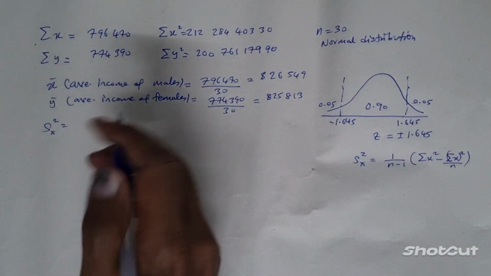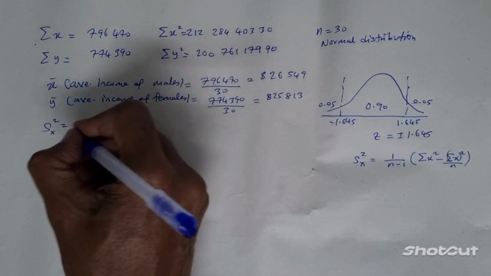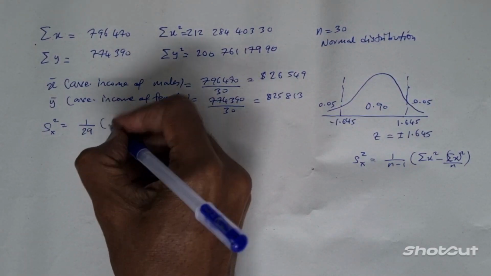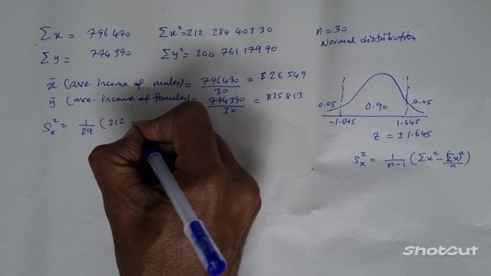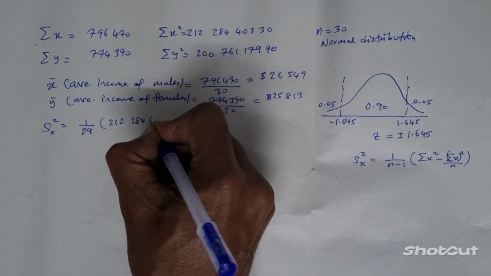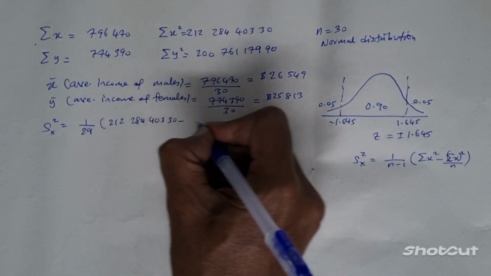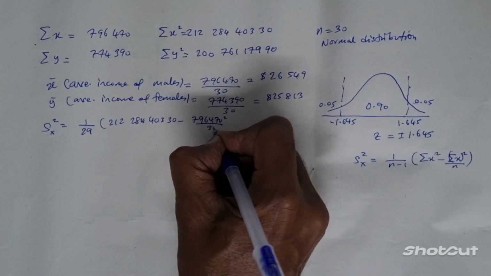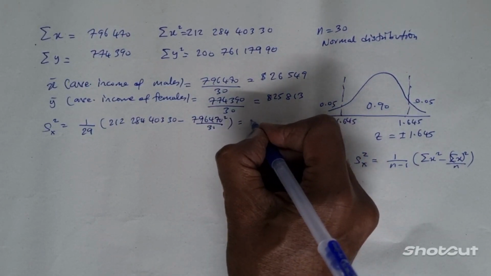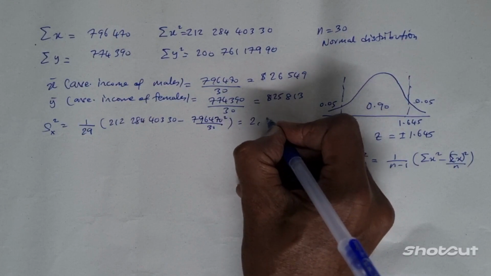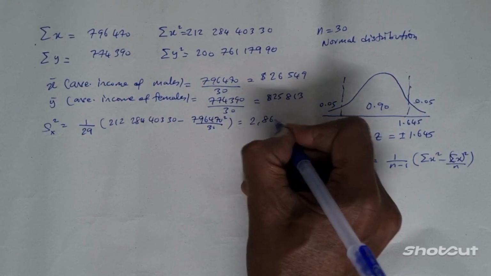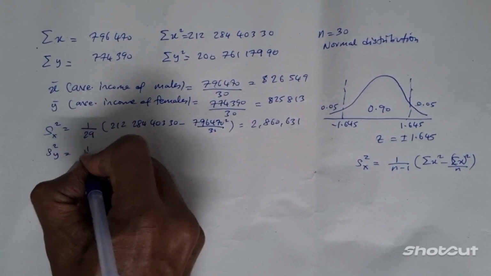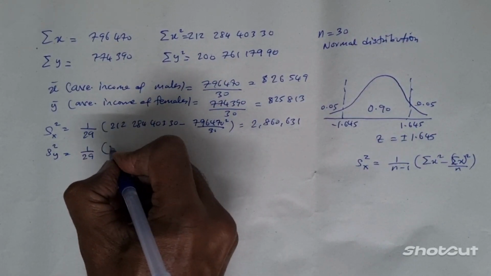So for the males, I'm going to get 1 over 29, because 30 minus 1 is 29, into 212,284,403.30 minus 796,470 squared over 30, and the unbiased estimate of the male population variance is 2,860,631.